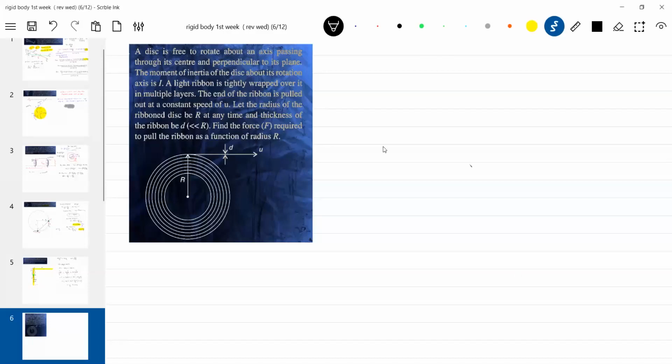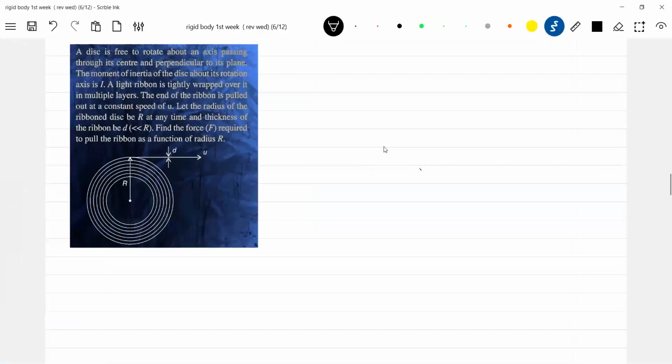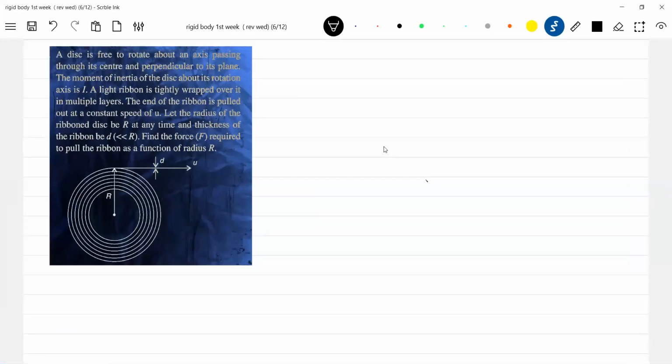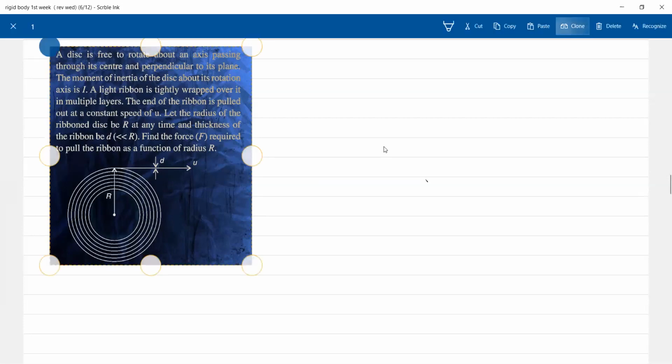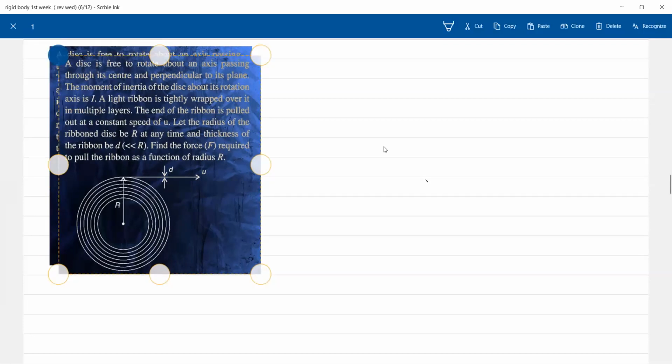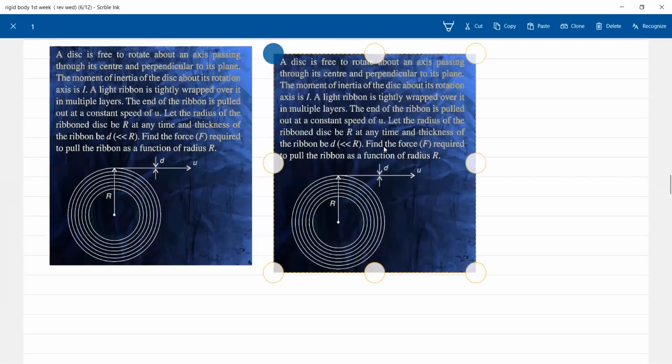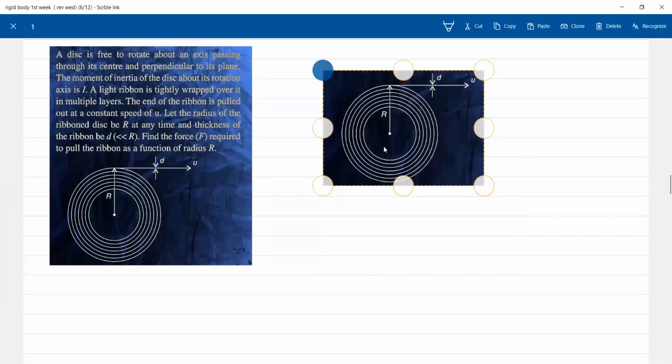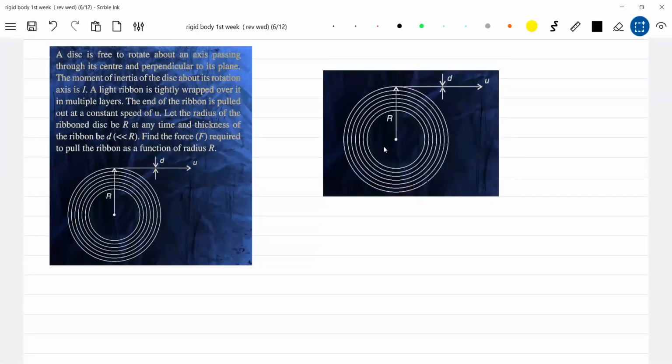Okay, now read the question. Find the force required to pull the ribbon as a function of radius r, where one end of the ribbon is dragged slowly.